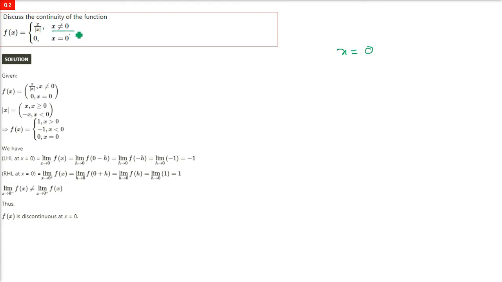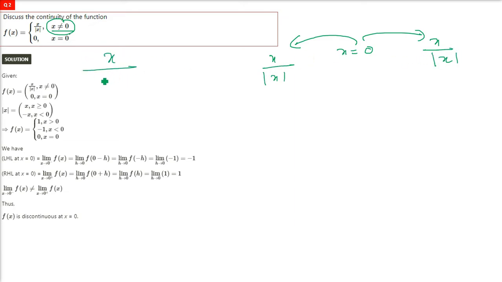When we go on the left hand side, you have to take x by mod x. Mod is absolute value basically. So x by mod x. On the right hand side also you are going to use the same thing, because when x is not equal to 0, you have to use these.